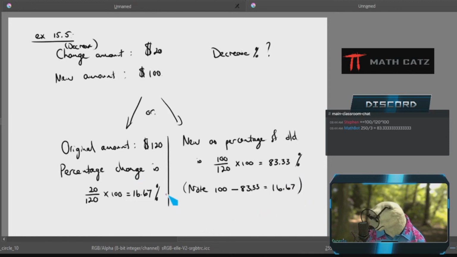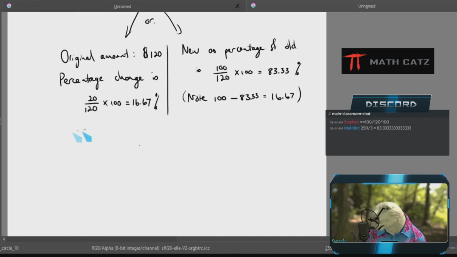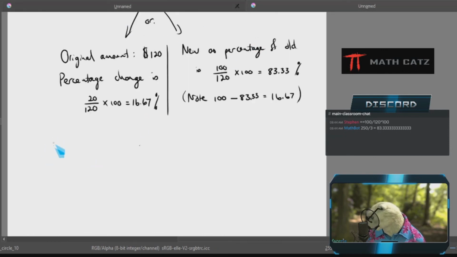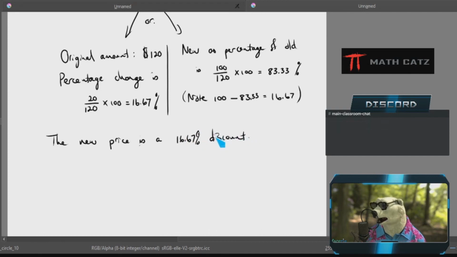So in both cases, the answer is of course the same. How did we phrase it here? New price. Okay, so let's say here, the new price is a 16.67% discount. It's okay to round my presentation numbers. I'm not using this in the future calculation, so I don't need to worry about rounding creating errors.